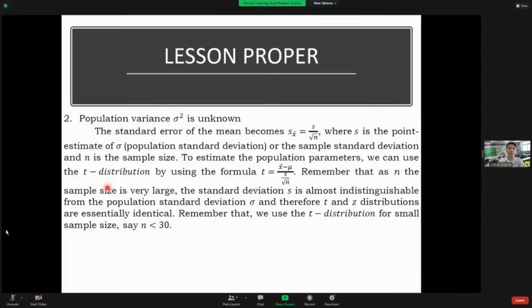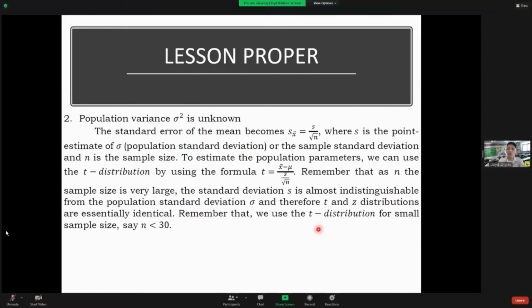Then, to estimate population parameters sa ing-ani nga situation, kung unknown si variance, we can use the T distribution this time. Z distribution kung known si population variance. Kung unknown, T distribution. Tapos ang formula is similar sa Z distribution, pero ang gamiton lang nato is sample standard deviation, S over square root of n. Remember that if n, the sample size, is very large, the sample standard deviation is almost indistinguishable from the population.